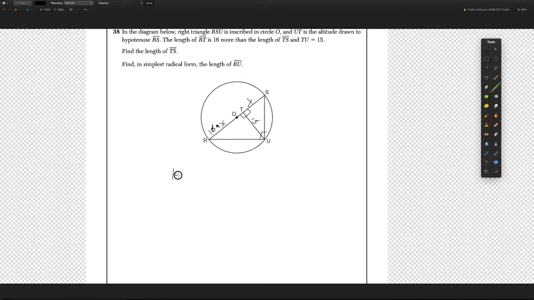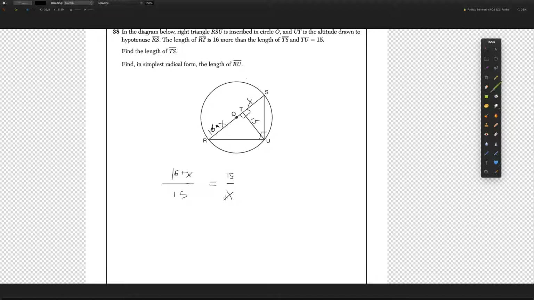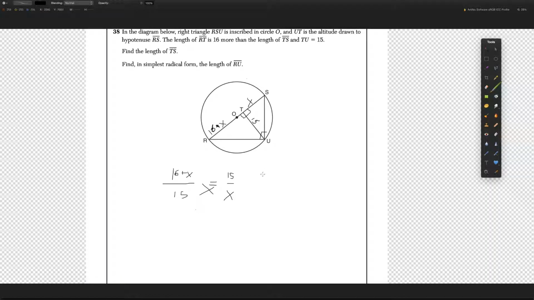So we're going to do 16 plus x over 15 is equal to 15, one leg, over the other leg, which is x. Okay, now let's cross multiply. So 16 plus x times x is 16x plus x squared is equal to 15 times 15, which is 225.